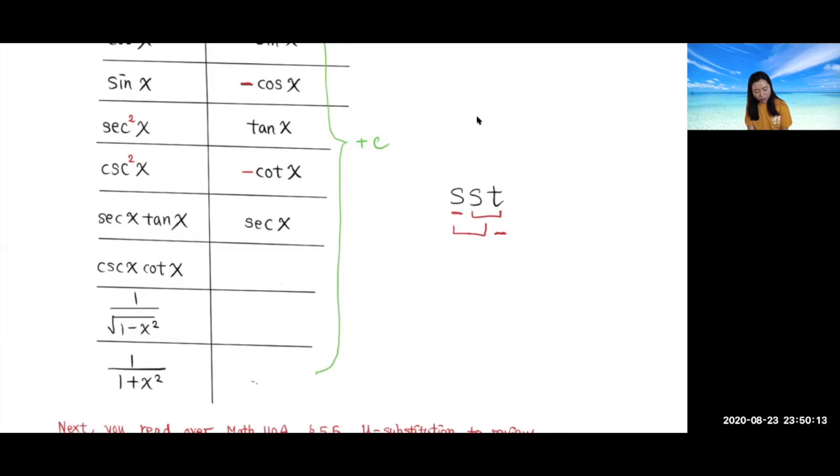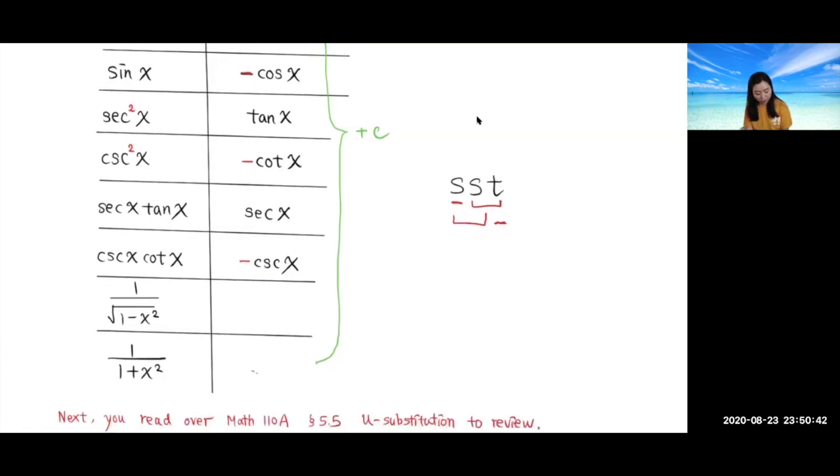What function when you differentiate gives you this? Well, first I remember there must be an opposite sign, a negative sign in front. So that will be the opposite of cosecant of x. Think about the cofunction of the previous one, cosecant x, but with the opposite sign in front.